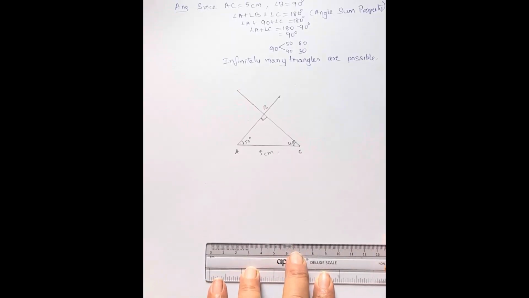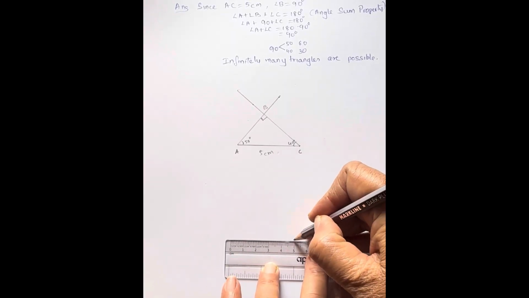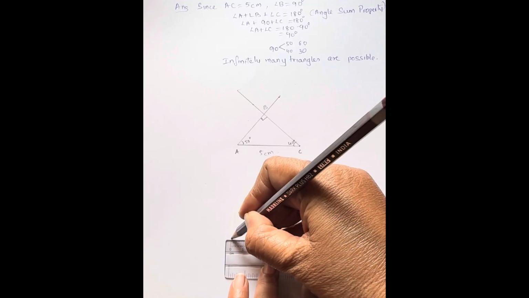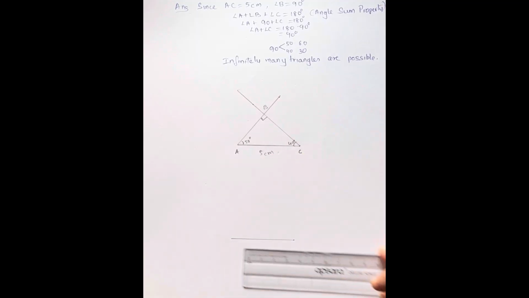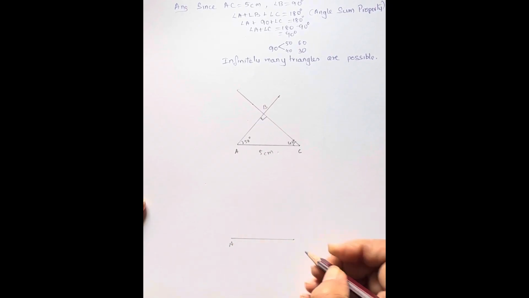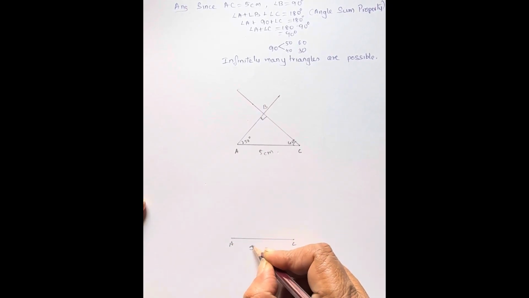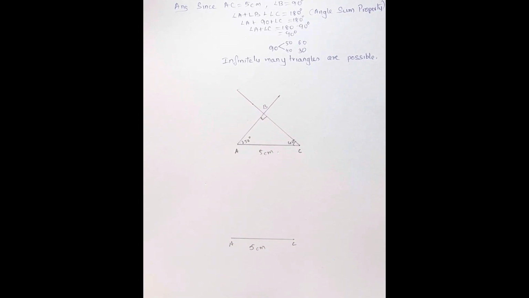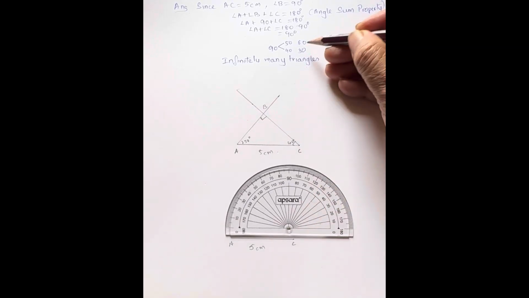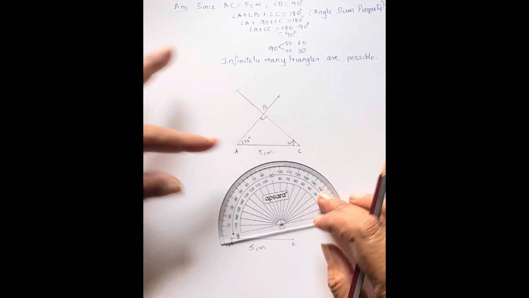Now again we take AC as the base, 5 centimeter. Right. And then, this is point A, this is point C, this is 5 centimeter. At C, now we take the other combination 60, 30, right?